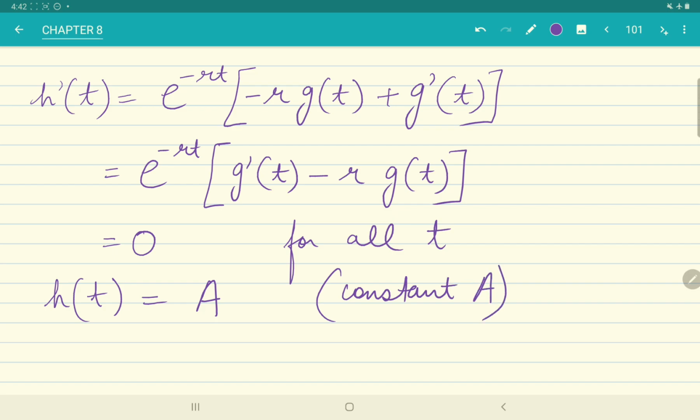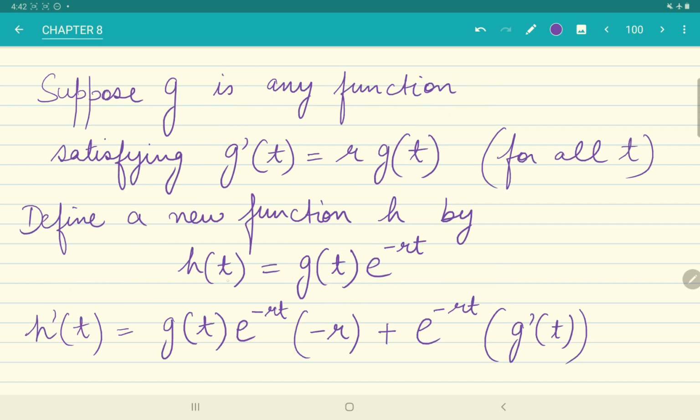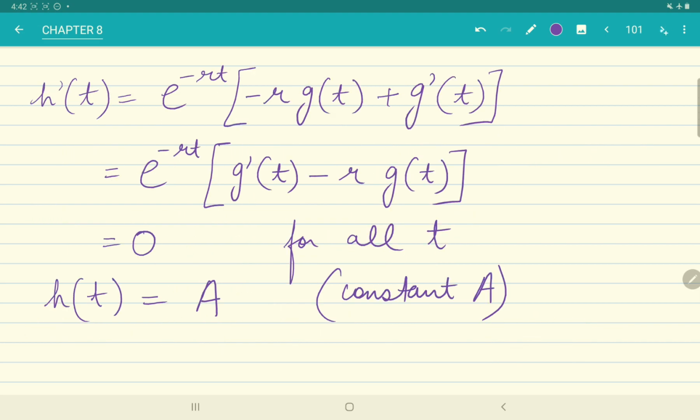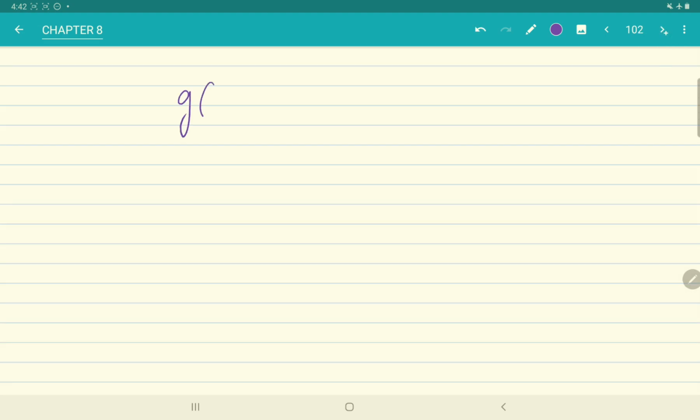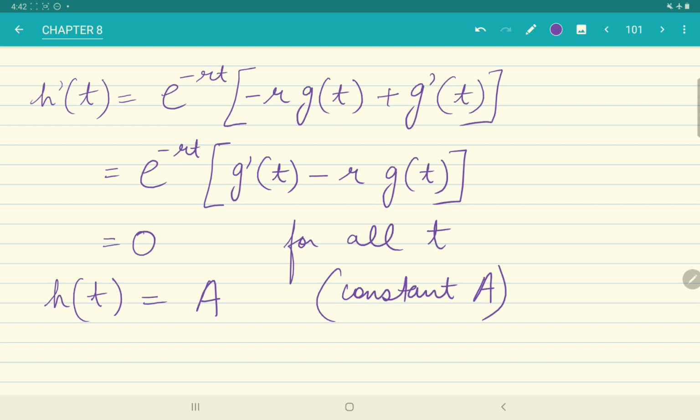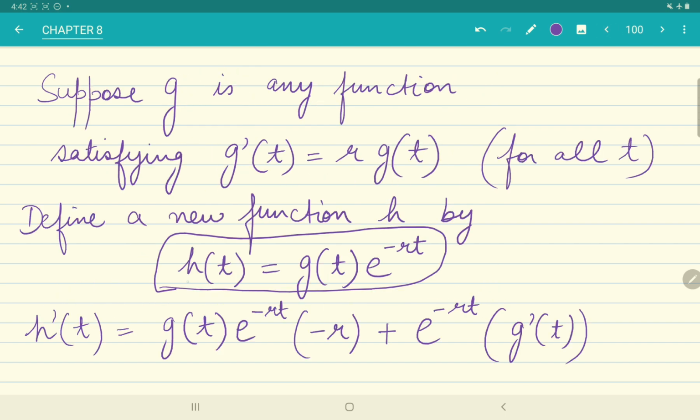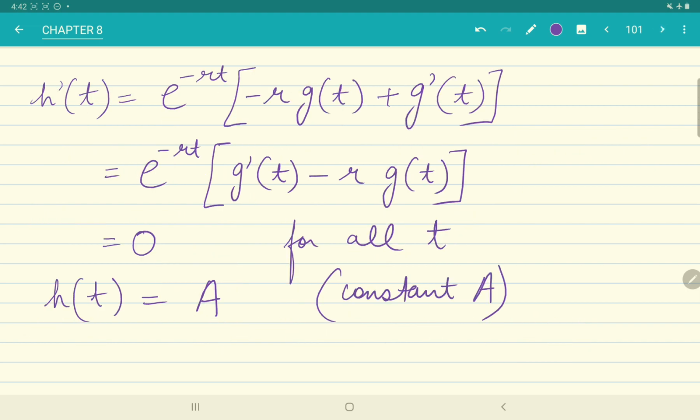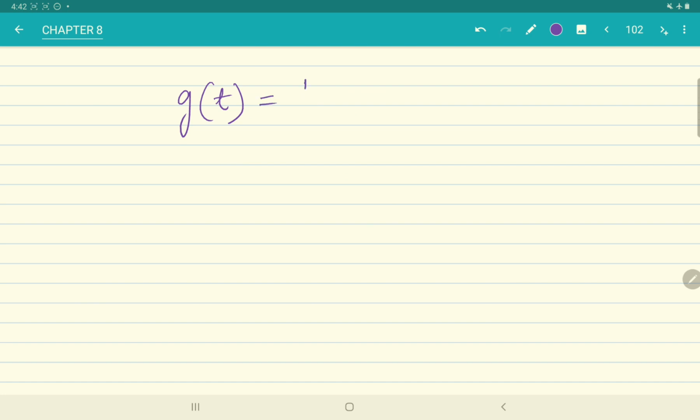Given this, I can now write g of t is equal to h of t multiplied by e raised to the power rt, and we know that h of t is equal to a.